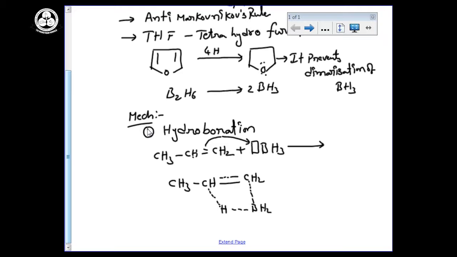See, here boron already has partial positive charge, and this is called the transition state. Previously many times we saw what is meant by transition state: bond breaking and bond making are done simultaneously, that we can say is the transition state.